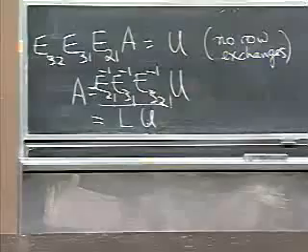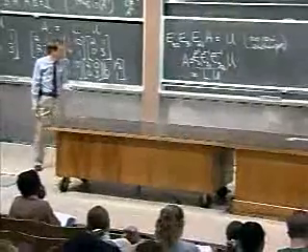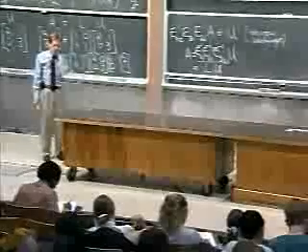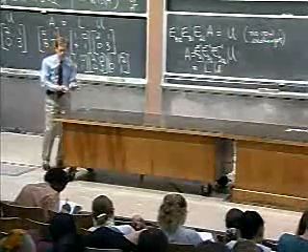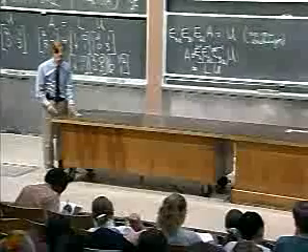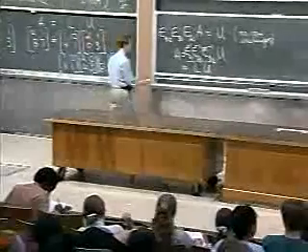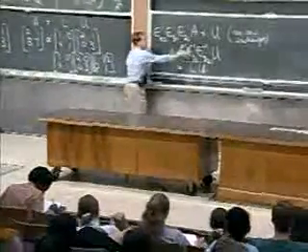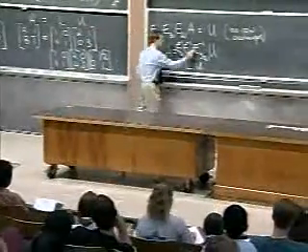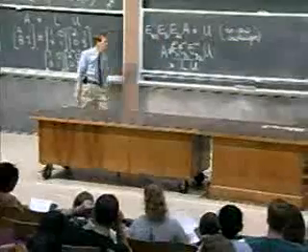L is this product of inverses. Now you still can ask, why is this product preferable? Let me explain why this product turns out to be better than this one.